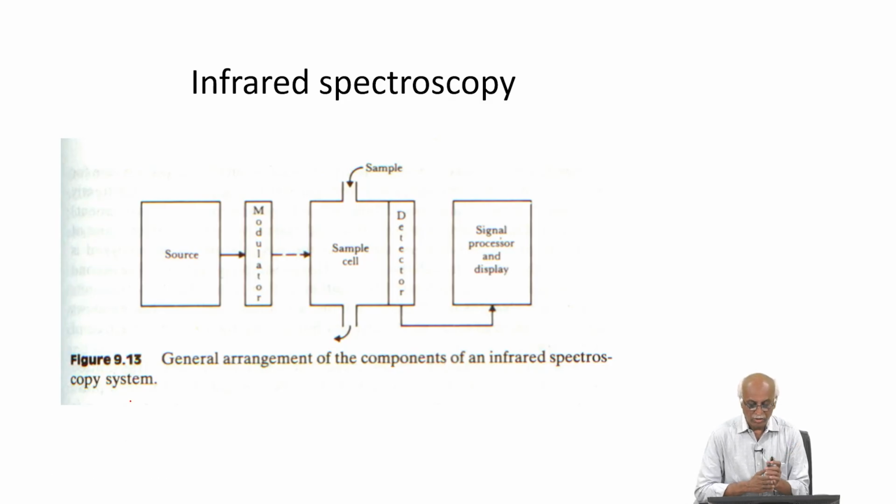So, we will try to see with the simple approach. We know that in case of spectroscopy, what we say is the absorption based spectroscopy. Basically, we use a very simple approach.